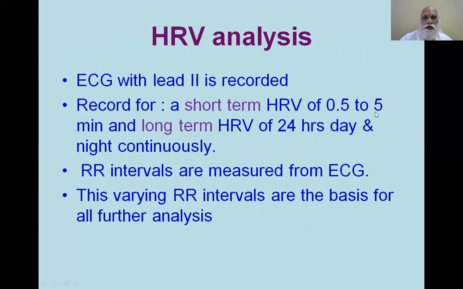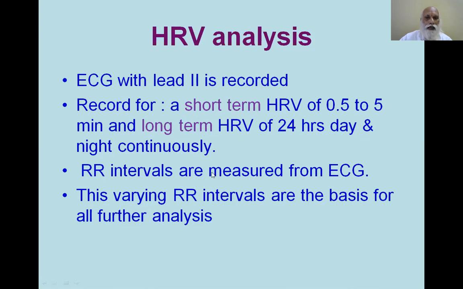Generally, we want at least a 5-minute record for analysis purposes. For long-term HRV, we would need about 24 hours, day and night, recorded continuously. So you record ECG continuously for about one day and night for long-term analysis.